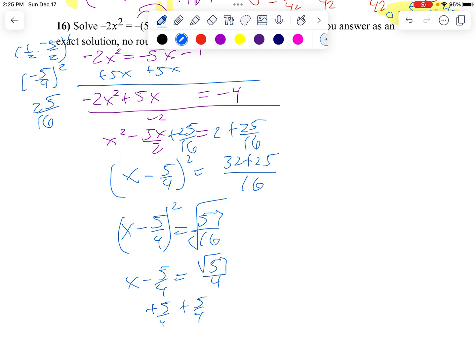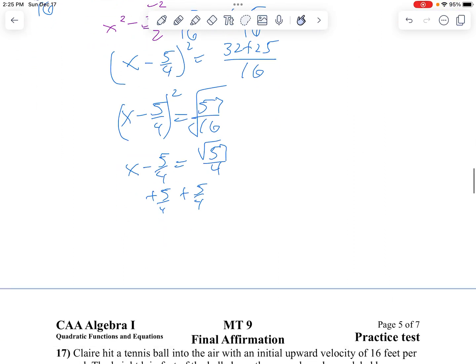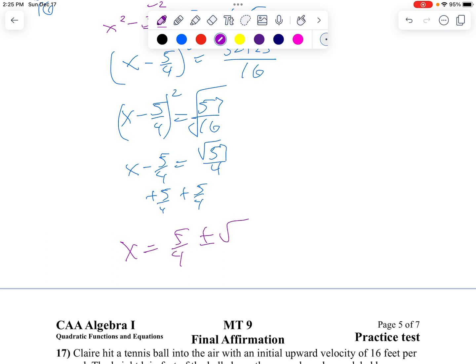So our answer is going to be x equals 5 over 4 plus or minus the square root of 57 over 4. Notice I have a common denominator, so I could write it as 5 plus or minus the square root of 57 all over 4. And there's our answer.